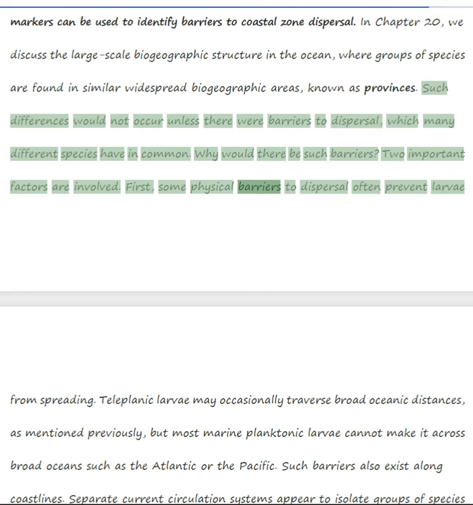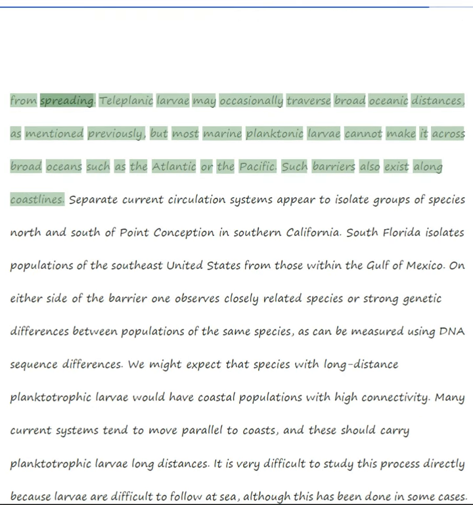First, some physical barriers to dispersal often prevent larvae from spreading. Teleplanic larvae may occasionally traverse broad oceanic distances, as mentioned previously, but most marine planktonic larvae cannot make it across broad oceans such as the Atlantic or the Pacific. Such barriers also exist along coastlines.